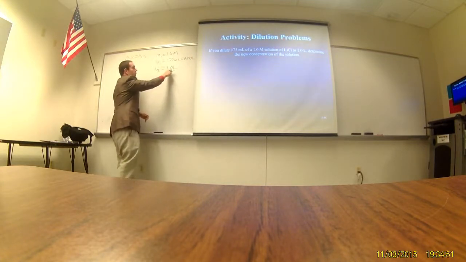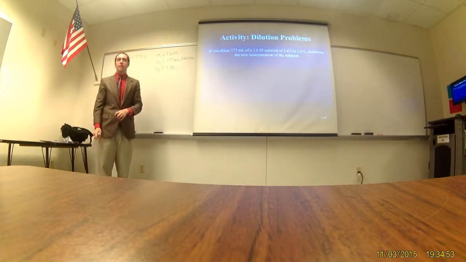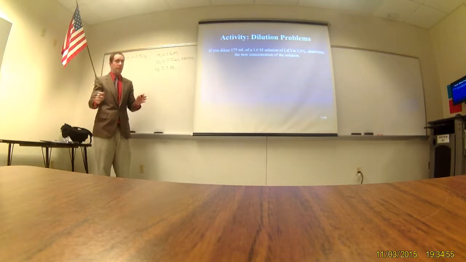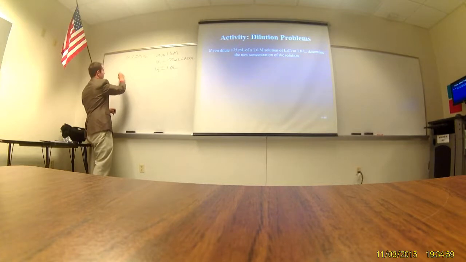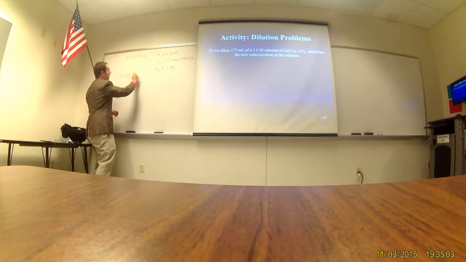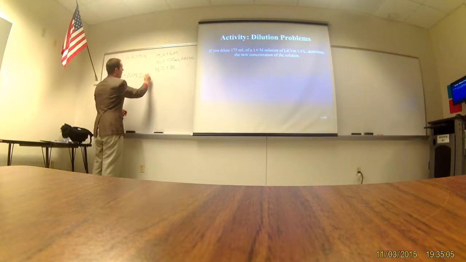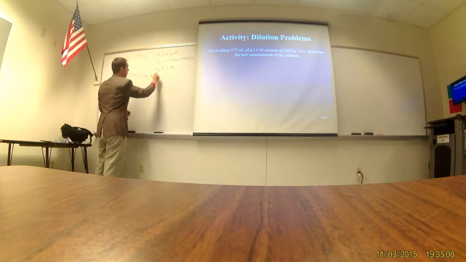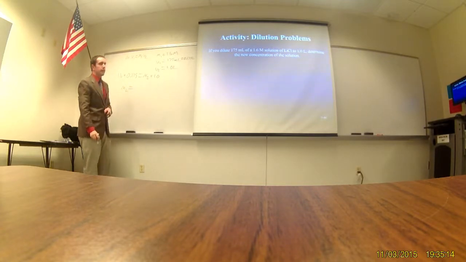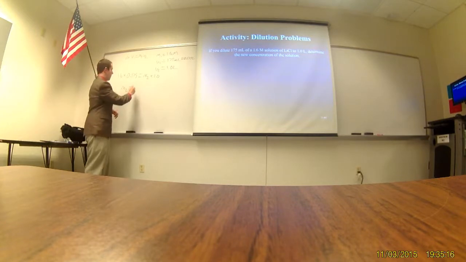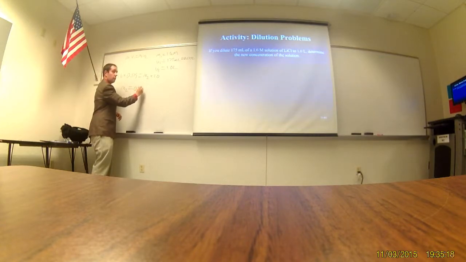If I converted 1 liter to milliliters, what is that? 1,000. So now we have everything we can plug in. We have 1.6 times 0.175 equals M2 times 1.0. So M2 equals what? 0.28.